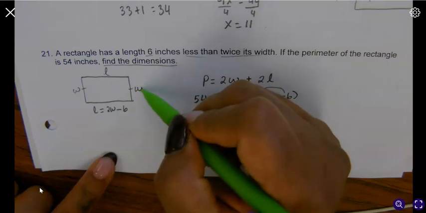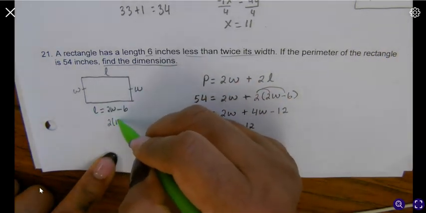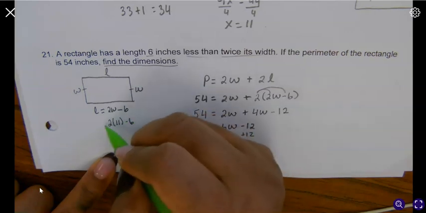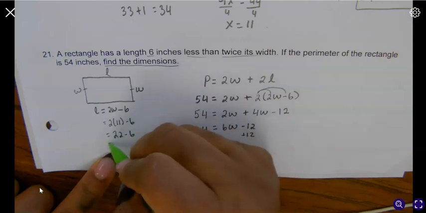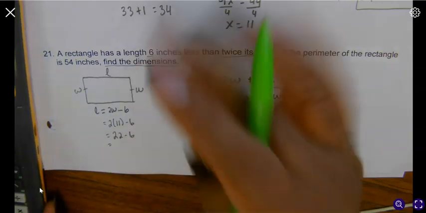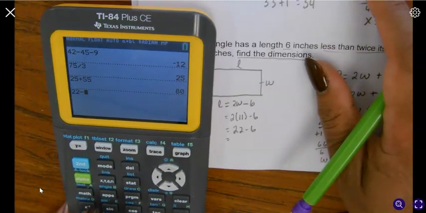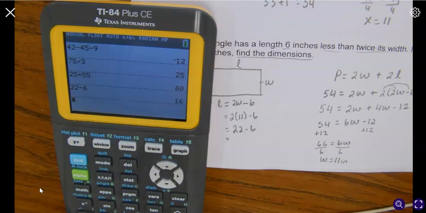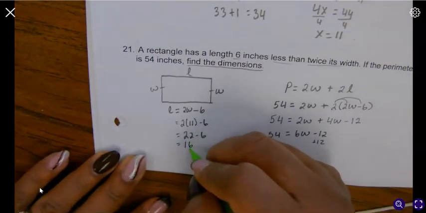So if w equals 11 inches, then that means the length has to be 2 times 11 minus 6, which is 22 minus 6, which is 16.